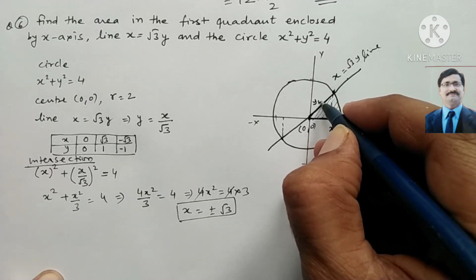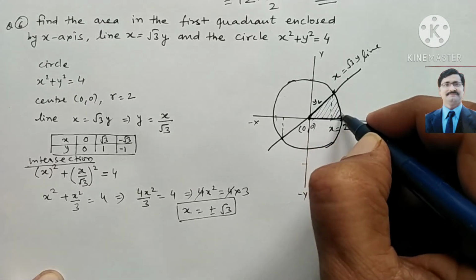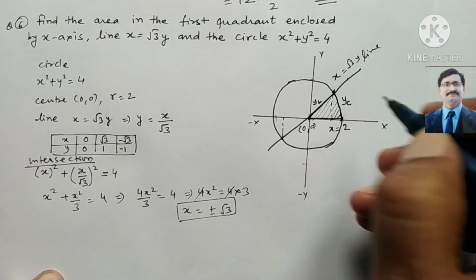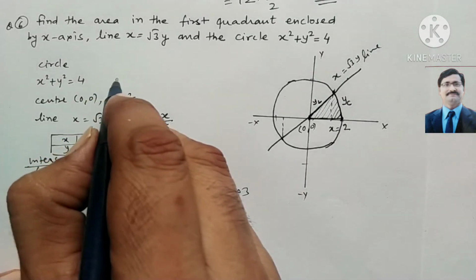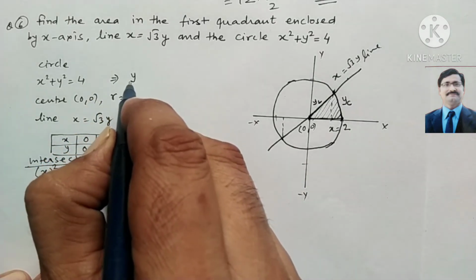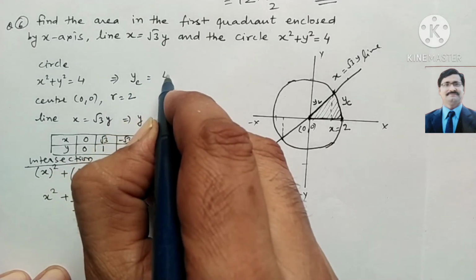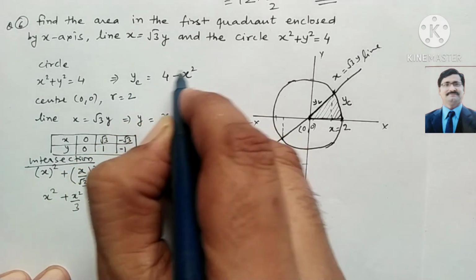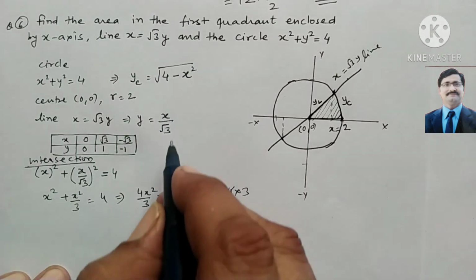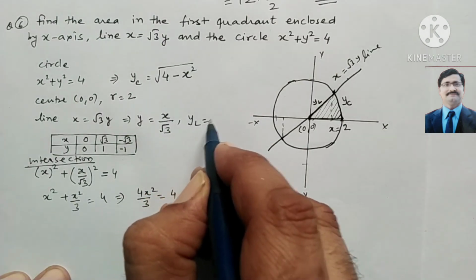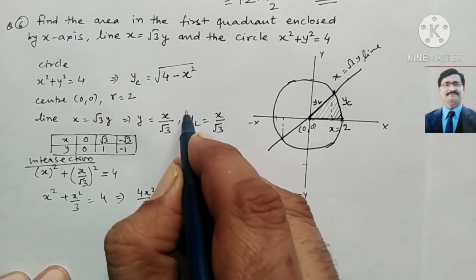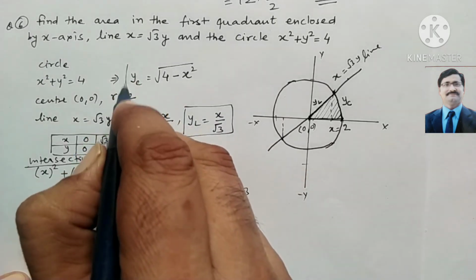Y from the line we have to write, and here we have to write y from the circle. So from the circle, we get y = √(4 - x²), and from the line we get y = x/√3. So these we get here.